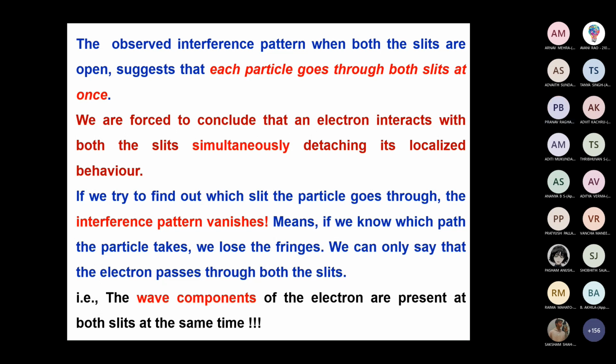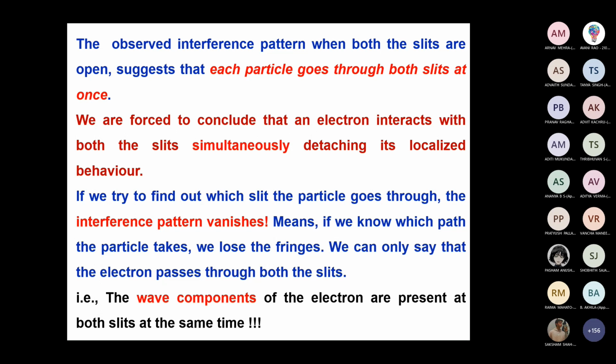So if you try to find which slit the particle goes through, what you observe here is the interference pattern vanishes. What does it mean? That means if you know the path which this particle is taking, we lose the fringes.